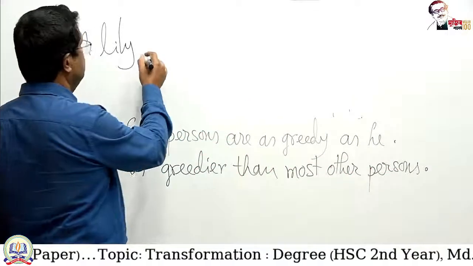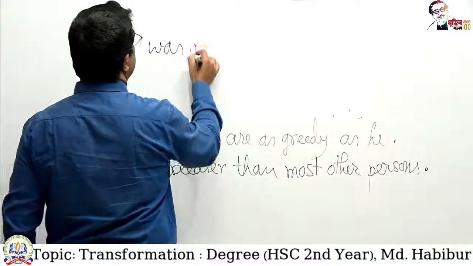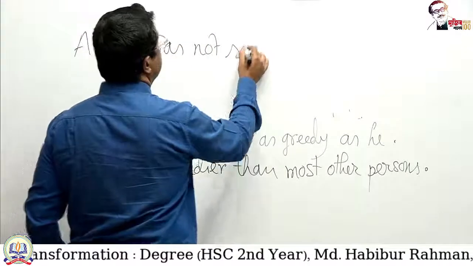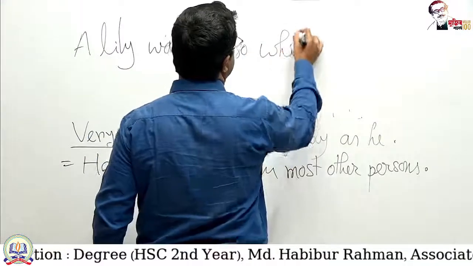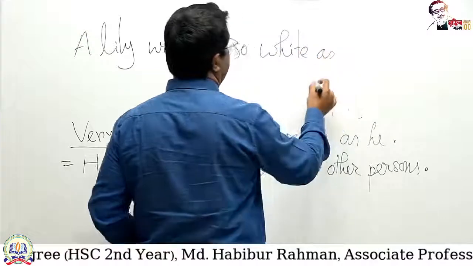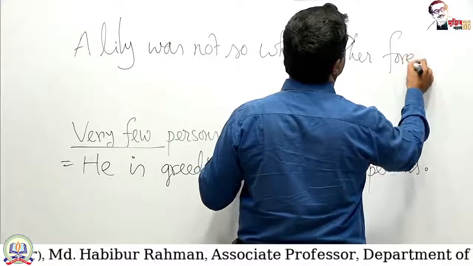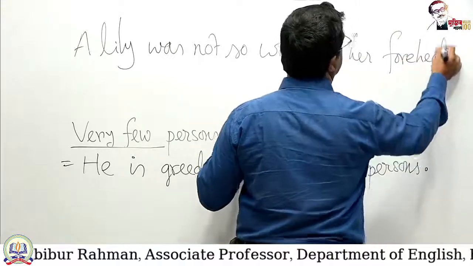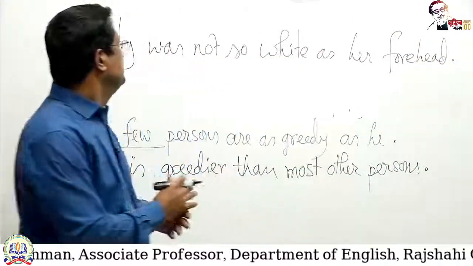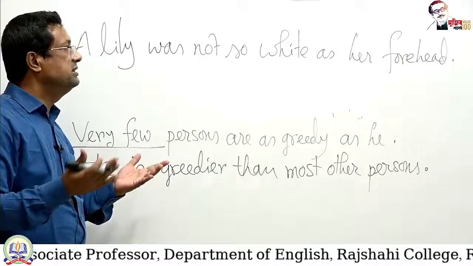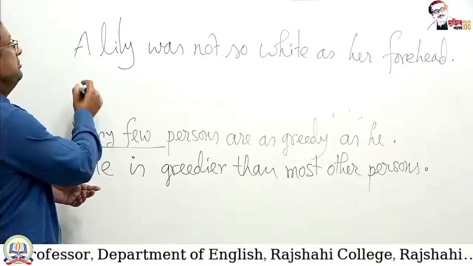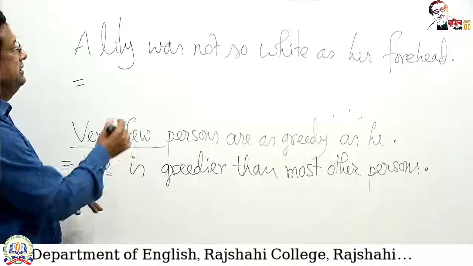A lily was not so white as her forehead. So what will be the comparative? The comparative subject is her forehead.